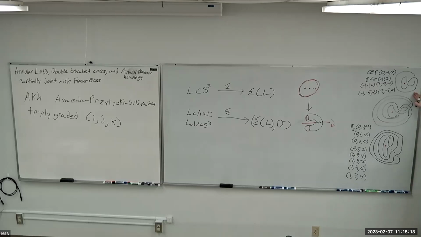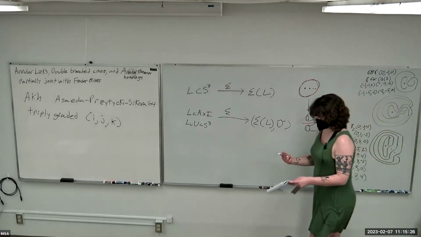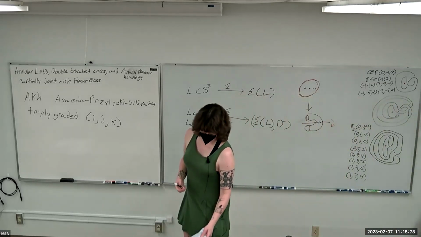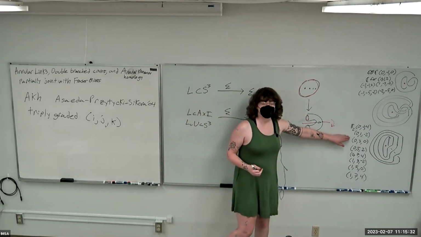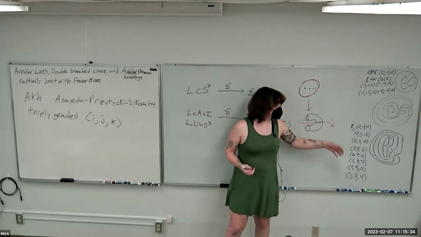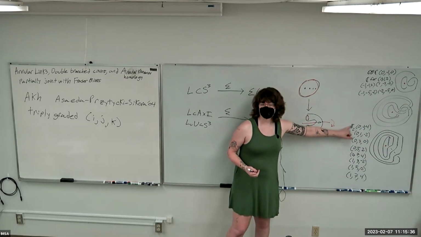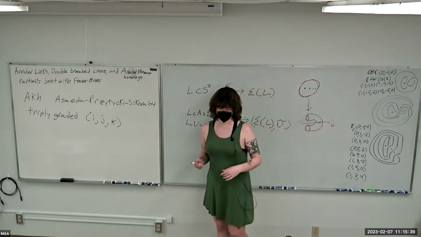I could have just as easily done this over F2. I just wanted to use the extra structure so I didn't have to compute so much. But it's a good question. I should say, this is also the same over C. So another way of saying it is over Z, this one doesn't have any torsion.